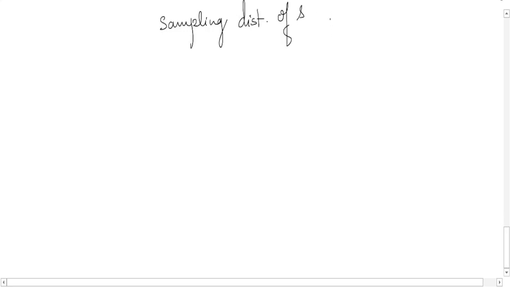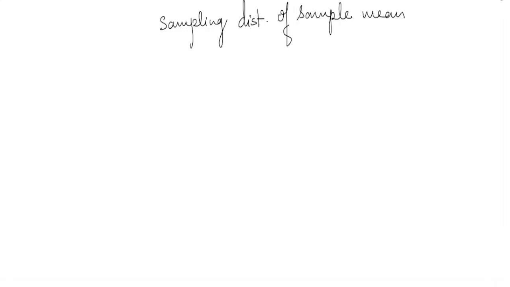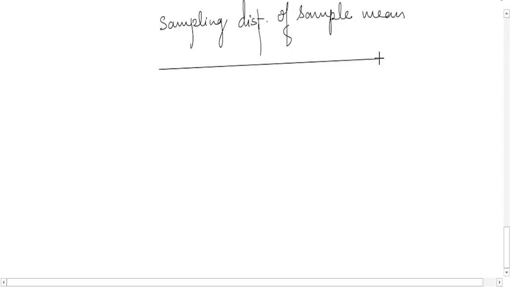As we know, population is of two types. One is finite population, which is the condition of without replacement.